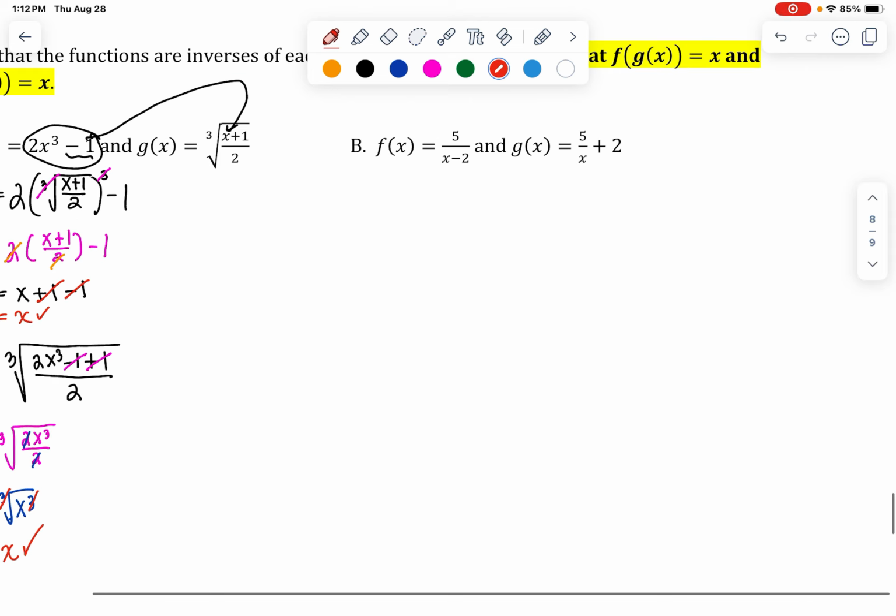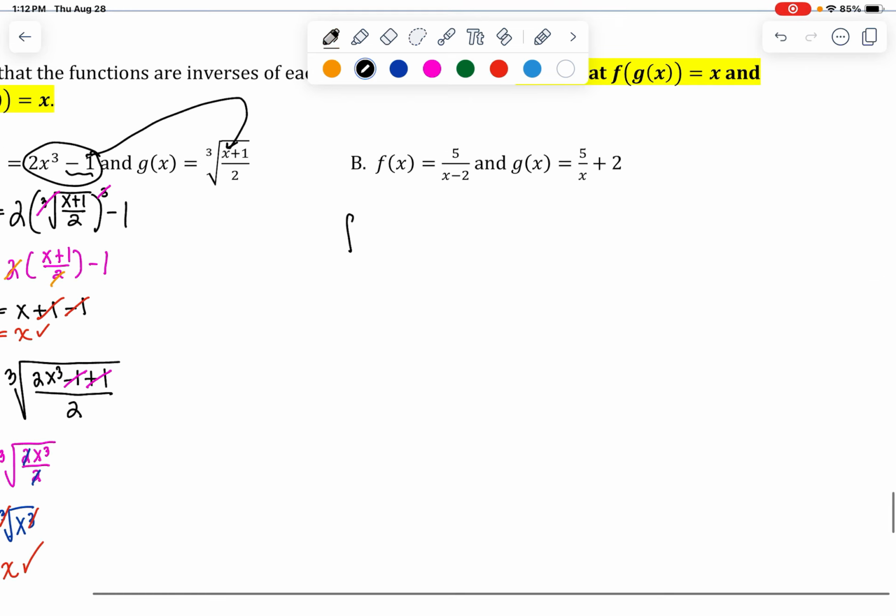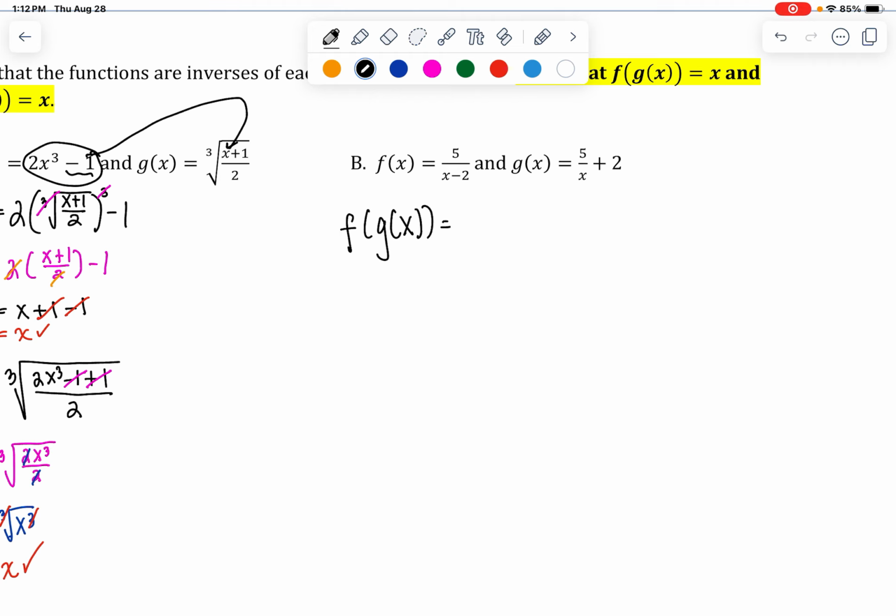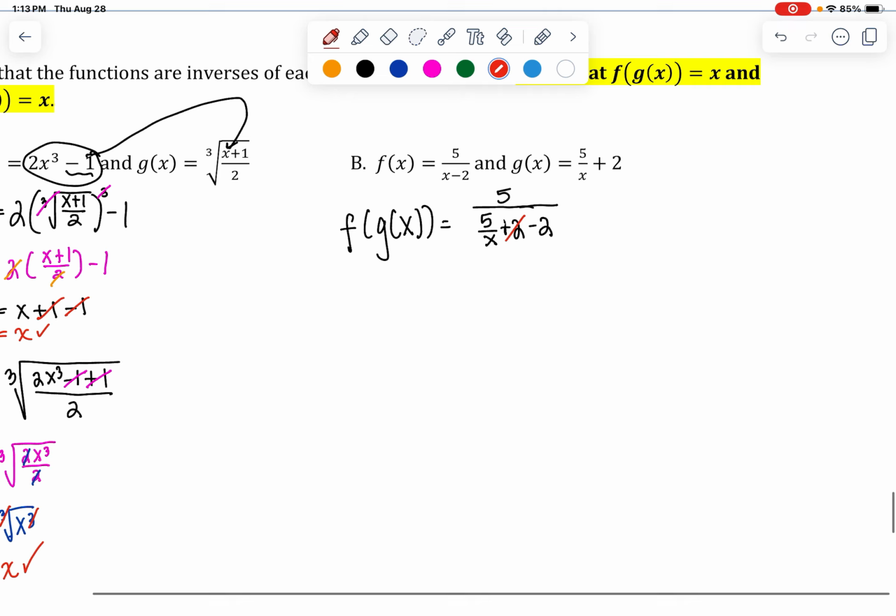Okay, last one, find f of g of x, verify that they're inverses of each other. All right, so we're going to take g of x and plug it into f. So I have 5 over, instead of writing x, I'm going to write 5 over x plus 2, and then you have minus 2. All right, clean it up. The plus 2 and minus 2 cancel out first.